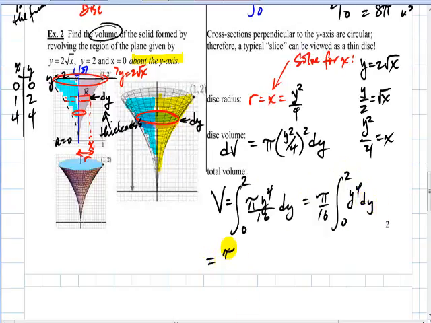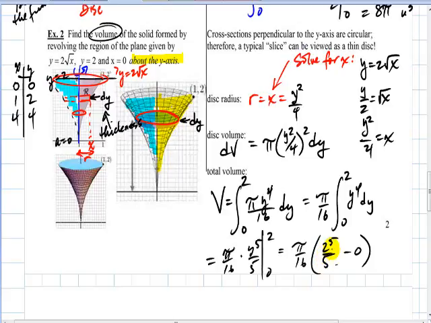And so what do we get? We get pi 16ths times y to the fifth divided by 5, evaluated from 0 to 2. So what do we get there? We get pi 16ths times 2 to the fifth divided by 5 minus 0. That's 32 divided by 5.